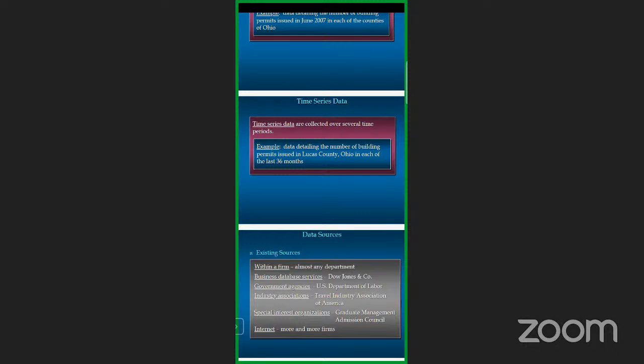Special interest organizations like the Graduate Management Admission Council: only from the council you get the information for further reference, how many people have been joining a particular college for graduate purposes, especially in management, how many for science, like that, area wise. Similarly, the internet: more and more forms are there, and more and more information you can collect from the internet. Whichever you want, you can get it from the internet.